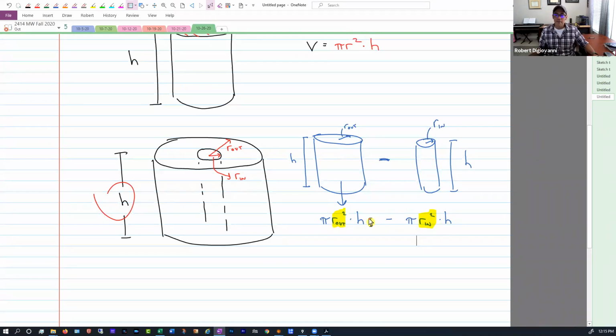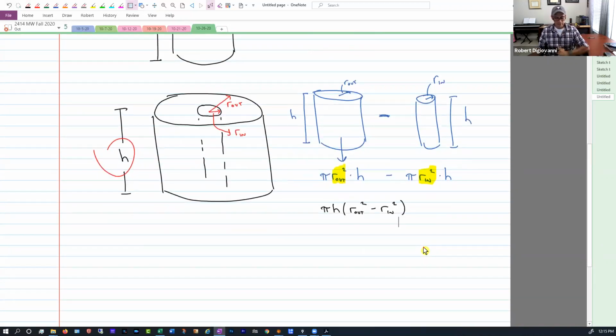Now, both of these have a pi in them, don't they? And both of these have an H in them, yes? So couldn't I factor out a pi and an H and just be left with R out squared minus R in squared? Yeah? Okay. So that's it, right? That would be our formula.